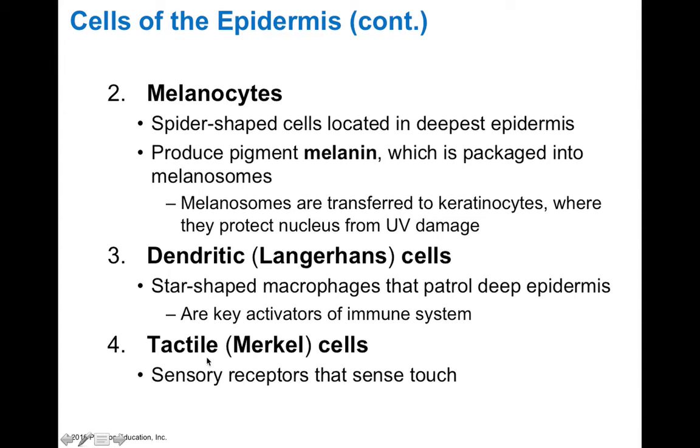Now, another cell type you find in the epidermis are the tactile cells or Merkel cells, and these are specialized sensory cells that can respond to light touch. So very light touch on your skin can excite receptors on these cells that can eventually lead to nerve impulses that your brain can interpret as touch.